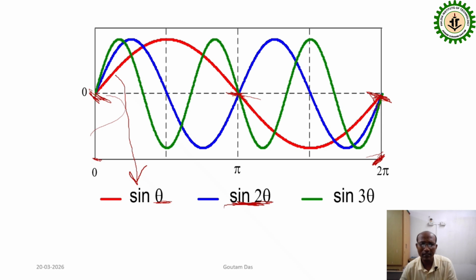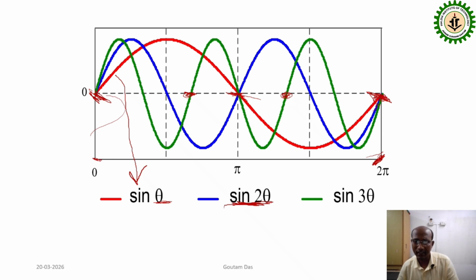Similarly, the green waveform completes 3 cycles within that 2 pi time zone, or angular domain. Starting from this point, it completes its first cycle here, then its second cycle here, and then its third cycle here.